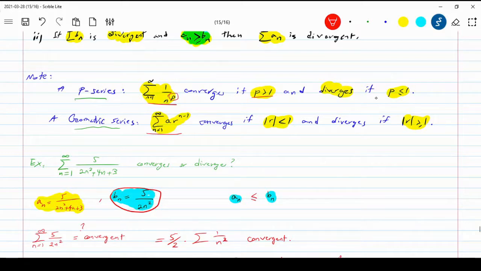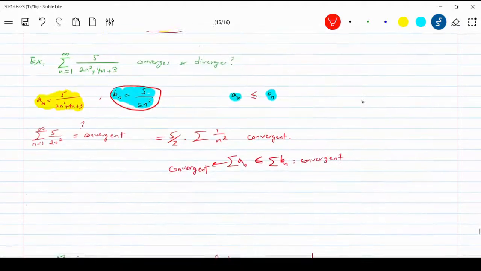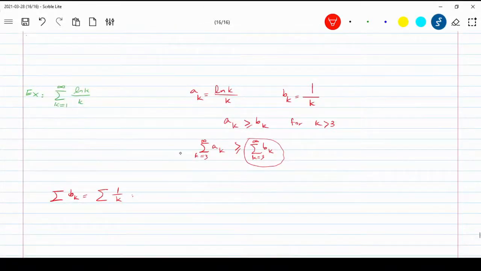If the power is chosen to be 1, in the case of p equal to 1, we have 1 over n or 1 over k, then this would be a divergent series by the p-series. You should say by the p-series where p equals 1 in this case.